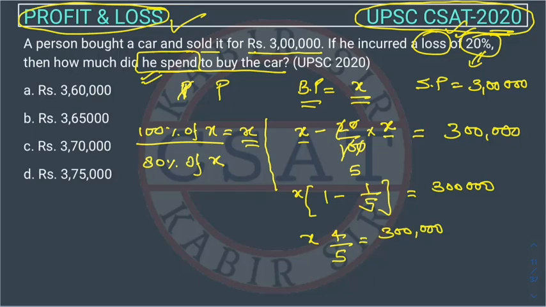Then this 5 will go to the other side and change. So x is equal to 3 lakhs into 5 upon 4. From this 4 you can cancel this one.